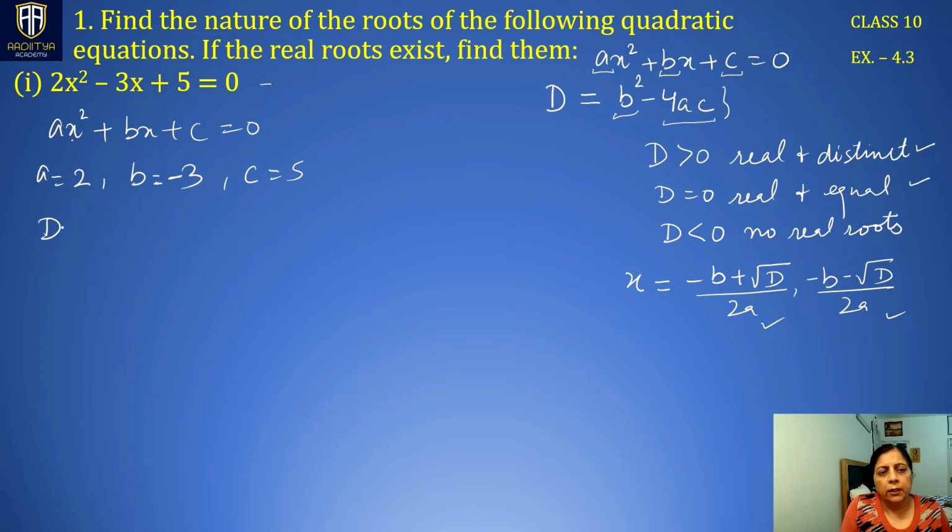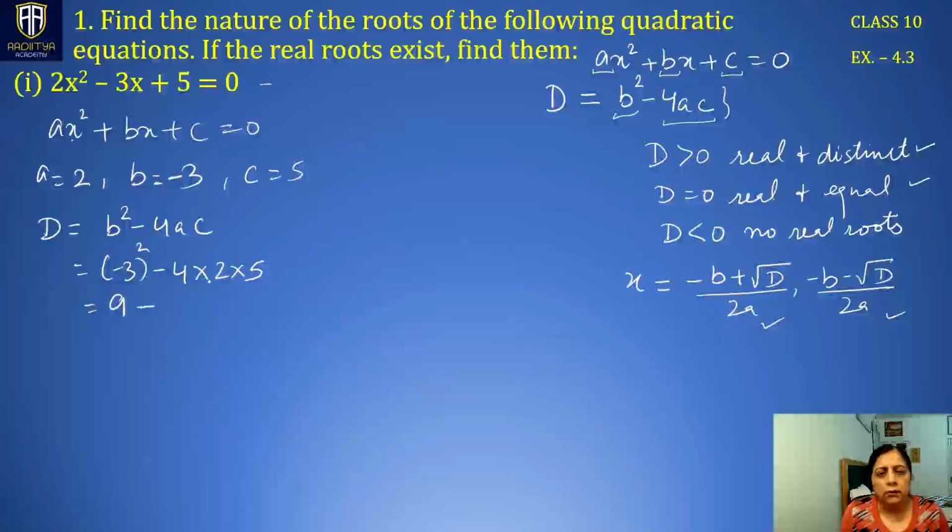Now the value of D is b square minus 4ac. b is negative 3 raised to the power 2, minus 4, a is 2 and c is 5. So we have negative 3 square is 9, minus 4 fives are 20, 20 times 2 is 40.